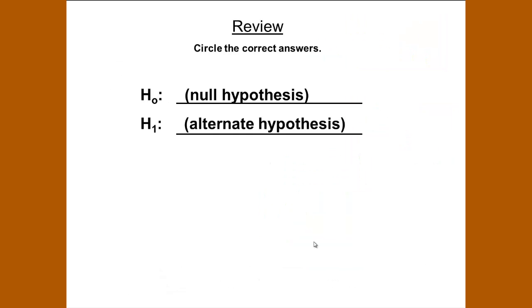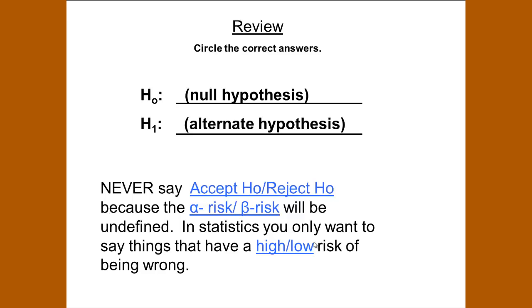Review. Circle the correct answers. H0 is the null, H1 is the alternate. Never say accept H0 or never say reject H0. We never say accept H0 because the beta risk will be undefined.